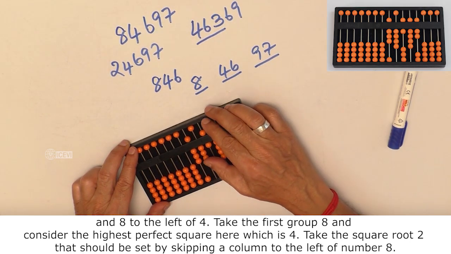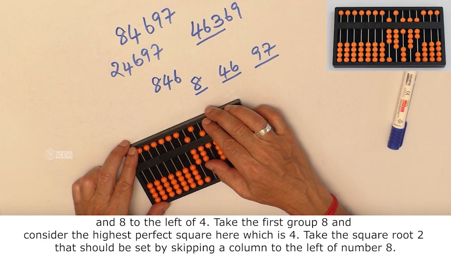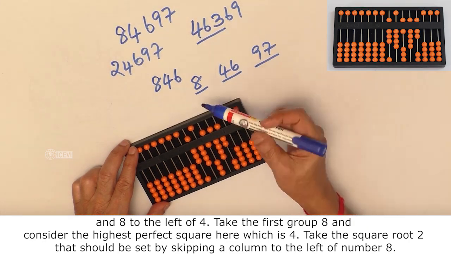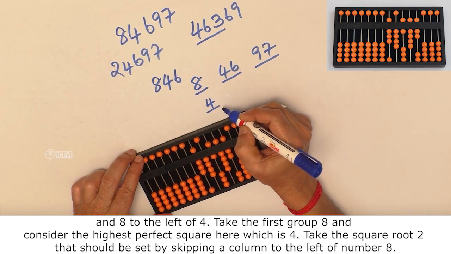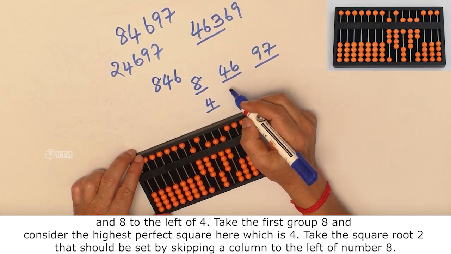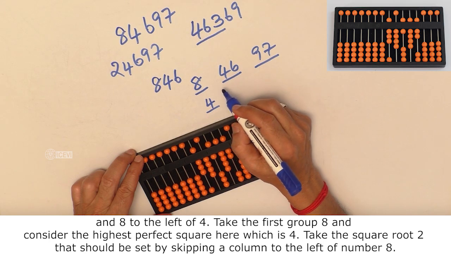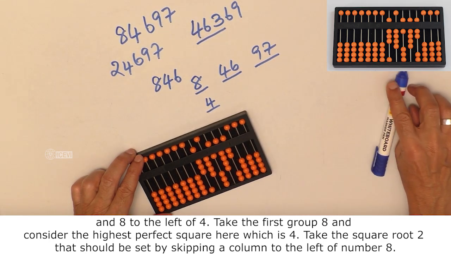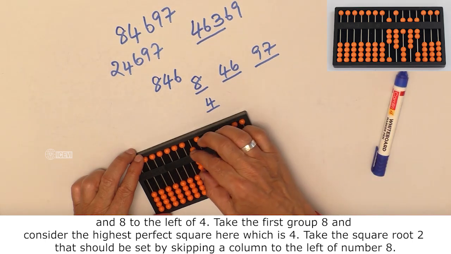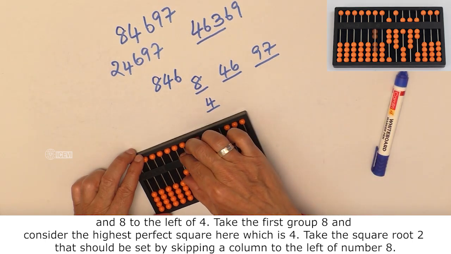Take the first group 8 and consider the highest perfect square here, which is 4. Therefore, take the square root 2 of this perfect square 4 and that should be set by skipping a column to the left of 8.